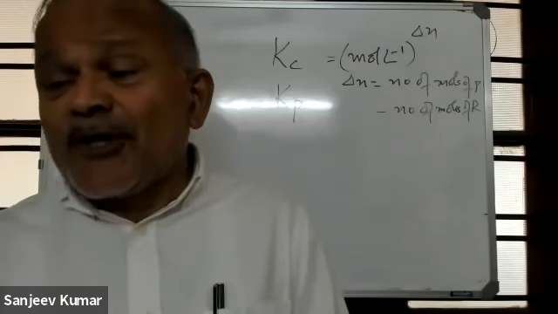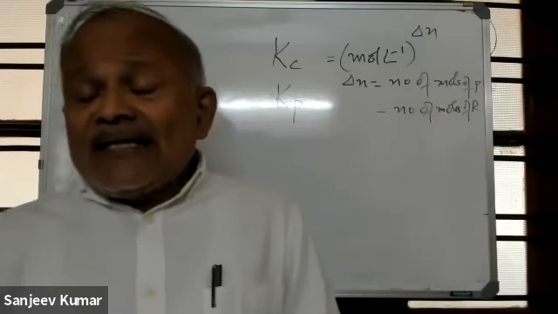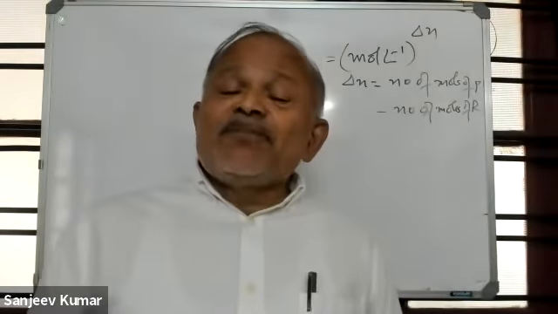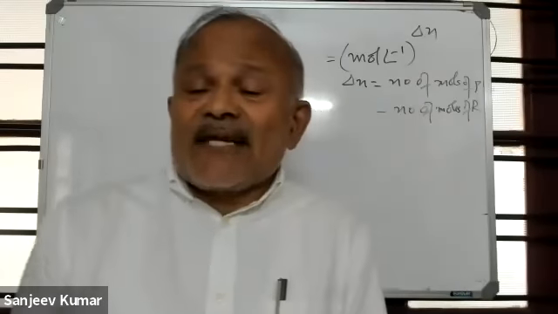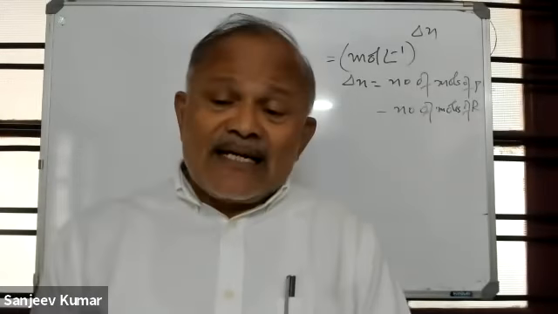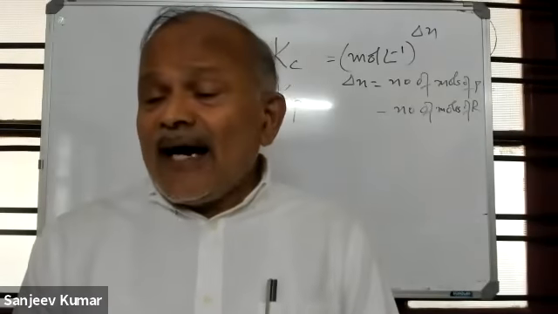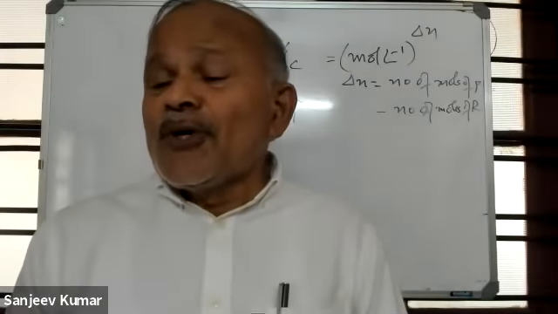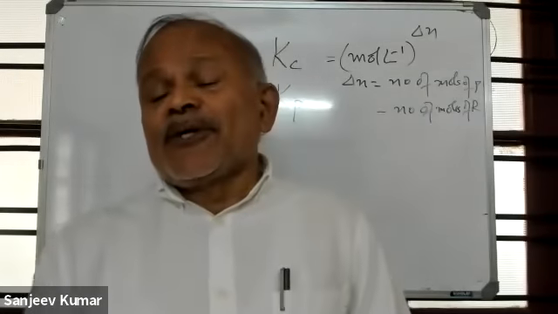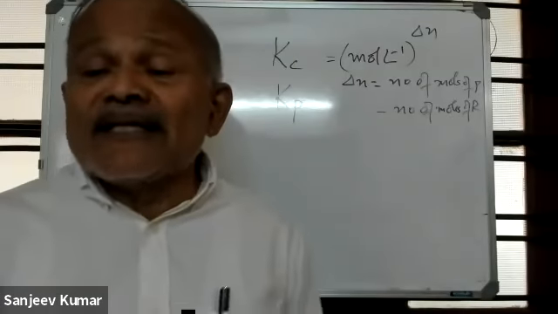And if the equation is PCl5 gas give PCl3 gas plus Cl2 gas, number of moles of product is 2, number of moles of reactants is 1, and therefore delta n is equal to 2 minus 1, 1. The unit of Kc is mole per liter.